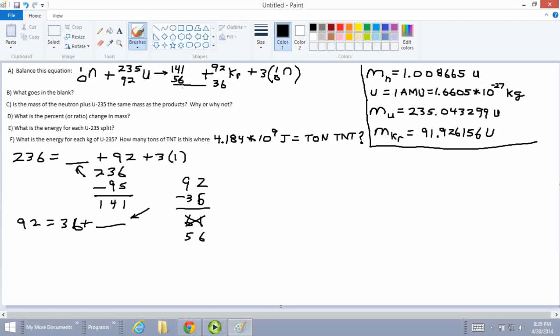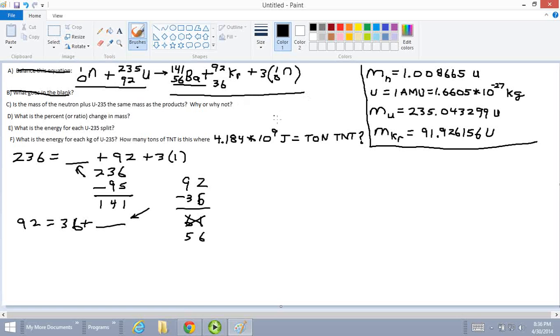And if we look this up on the periodic table, we find that element 56 is barium. Okay, so that answers what goes in the blank. The equation is balanced. Now, Part C: is the mass of the neutron plus U-235, the mass on this side of the equation, equal to the mass on this side of the equation?